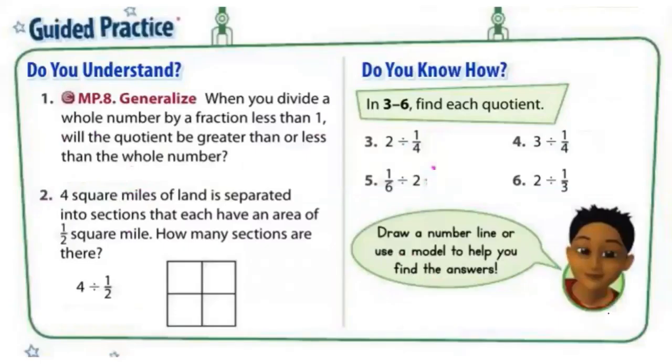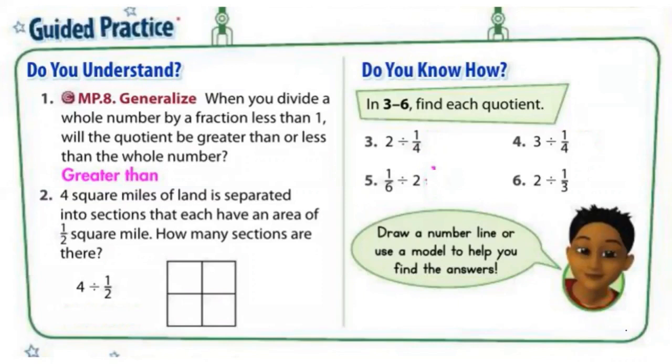Number 1. When you divide a whole number by a fraction less than 1, will the quotient be greater than or less than the number? Okay, it will be greater than. Number 2, 4 square miles of land is separated into sections that each have an area of half a square mile.